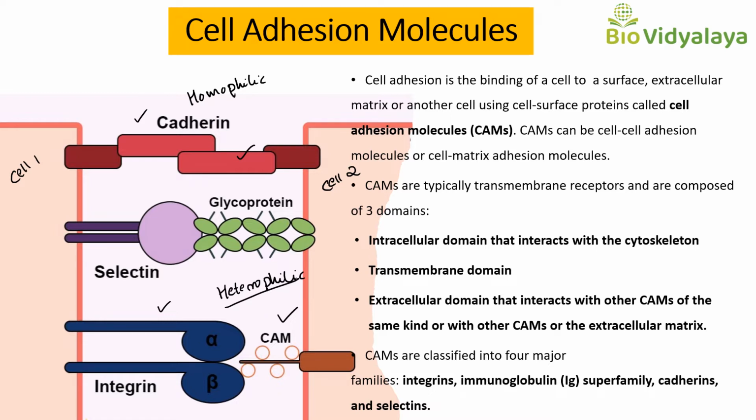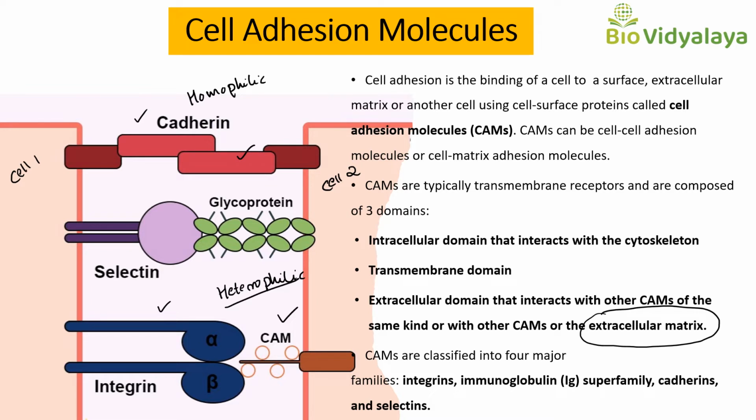Here the cell adhesion molecules between two neighboring cells are not identical. That's why it is called heterophilic interaction. So the extracellular domain interacts with other CAMs of the same kind, CAMs of a different kind, or with extracellular matrix proteins.